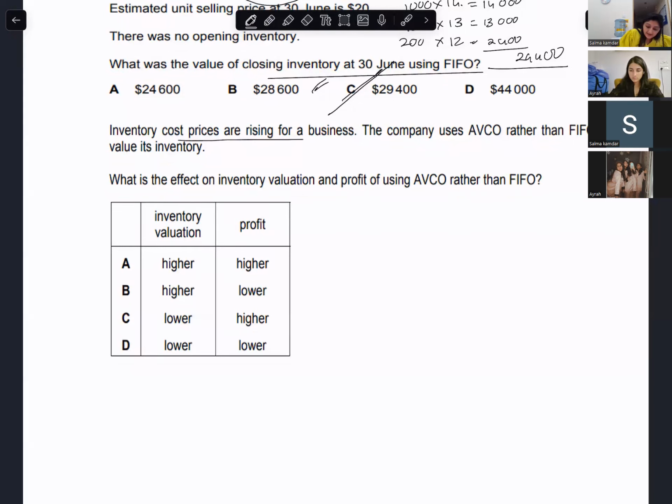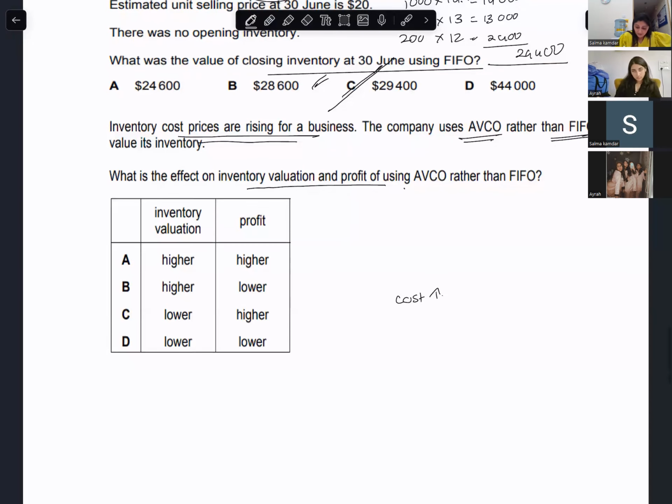Inventory cost prices are rising for a business. Company uses AVCO rather than FIFO. What is the effect on inventory valuation and profit using AVCO? Cost is rising, so the latest purchase would be higher.